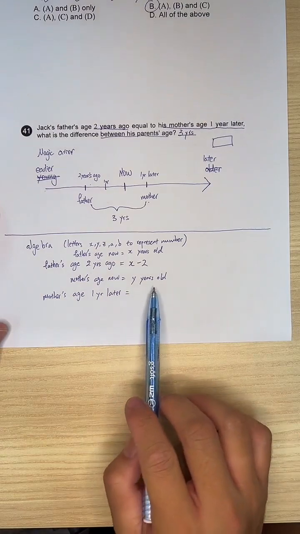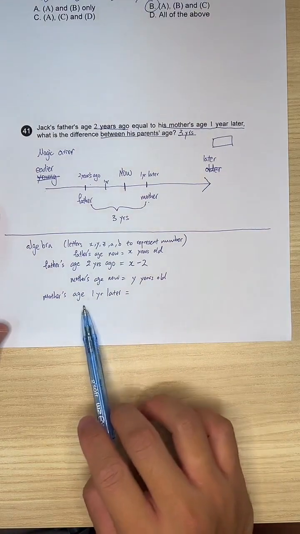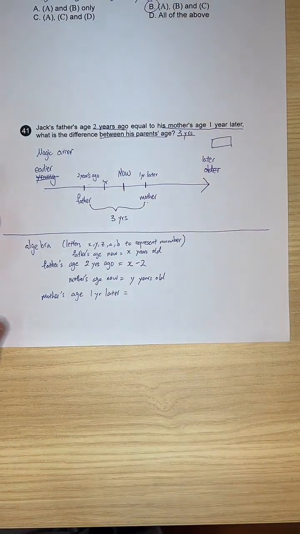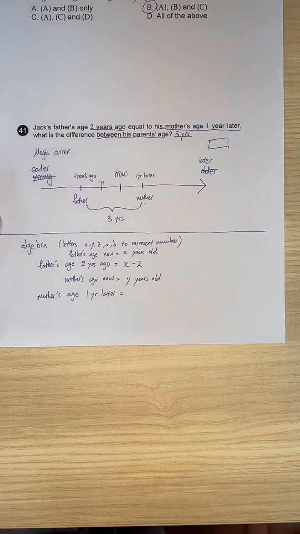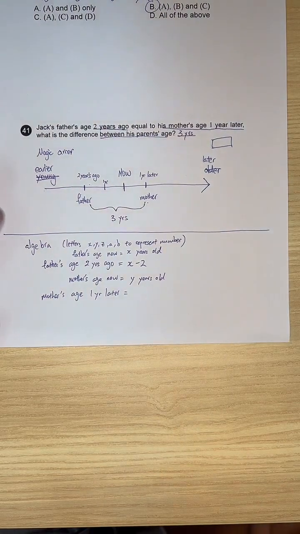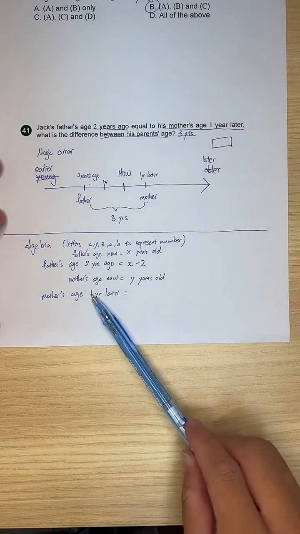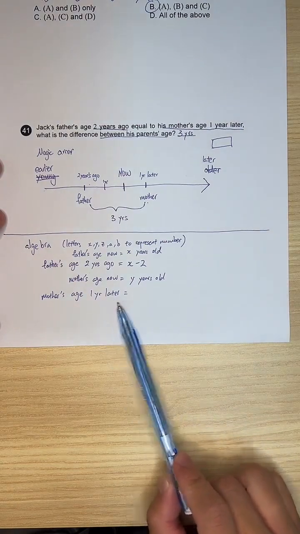If mother's age now is Y years old, how about 1 year later? What do I represent?